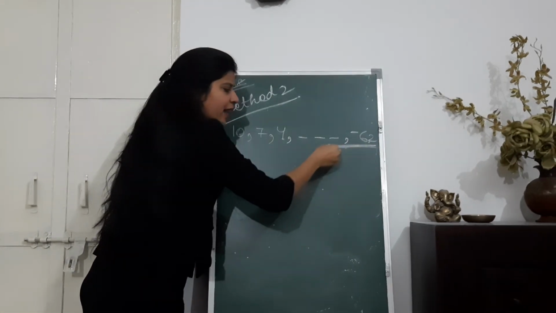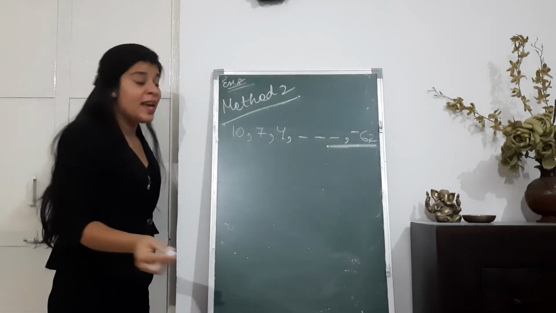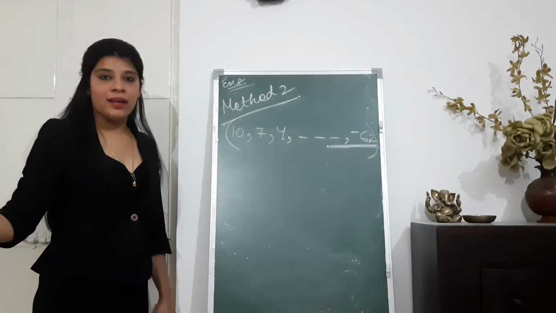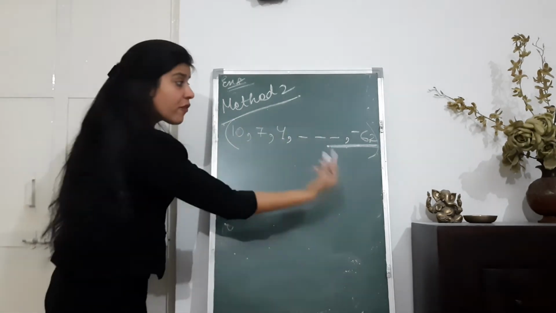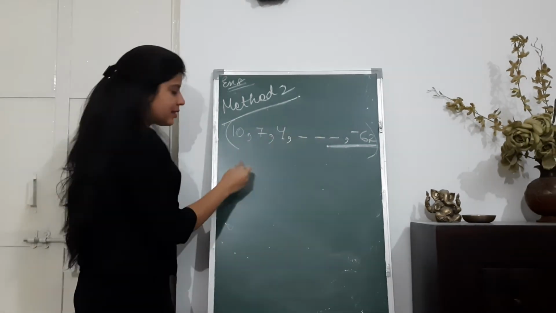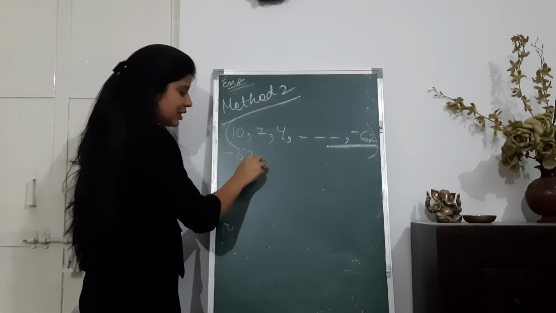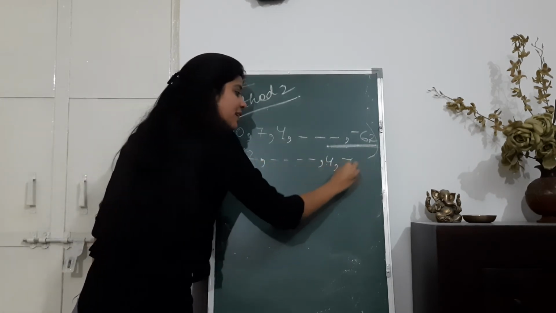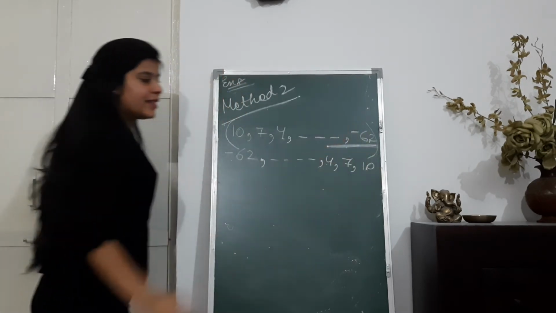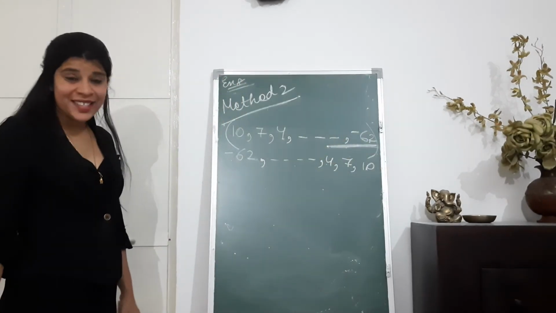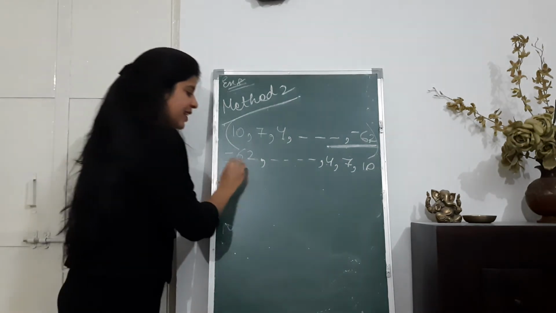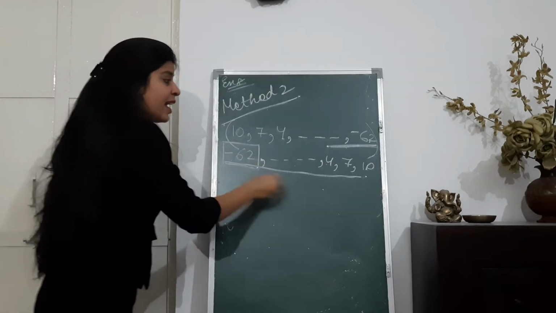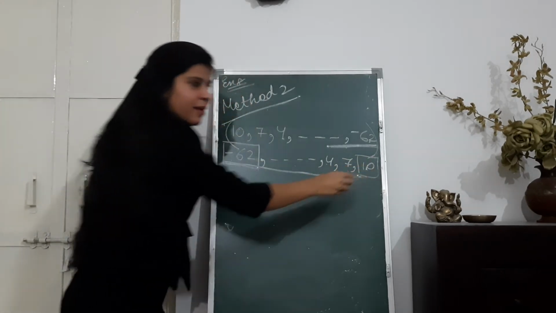So if I have to find the 11th last term of this AP, and if I decide to write this series in the opposite manner, in reverse manner, let's suppose I write this minus 62, comma, I don't know these terms, comma 4, comma 7, comma 10, right? Can I say it like this? Then in that case, this becomes the first term of an AP and this becomes the last term of an AP.